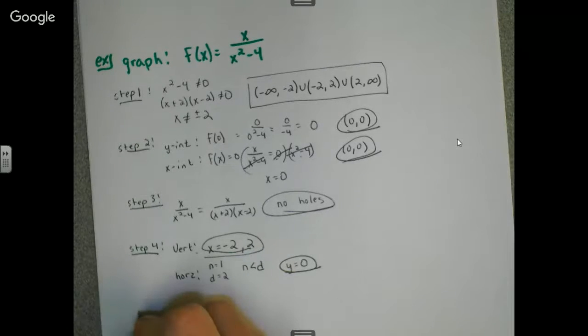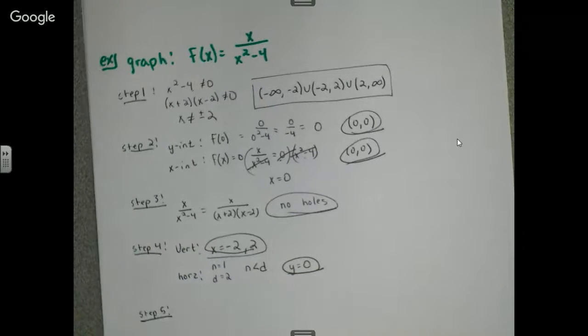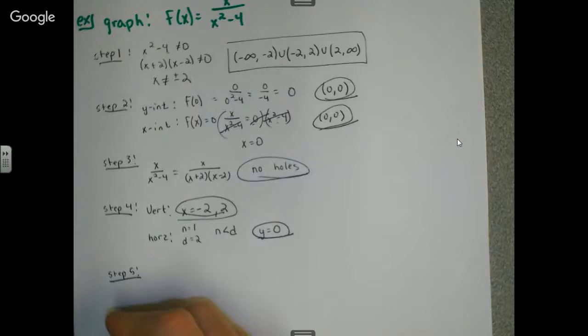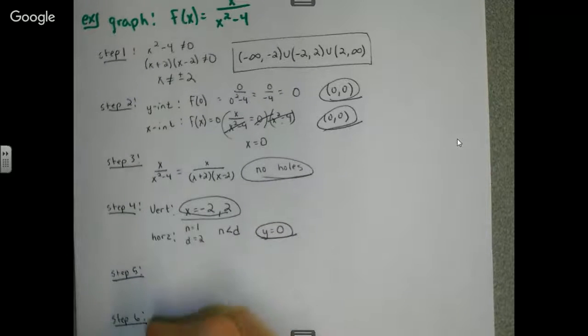Step 5 is additional points. I can't really see what additional points I need until I start sketching things out. And step 6 is sketch. So we'll sketch down here.